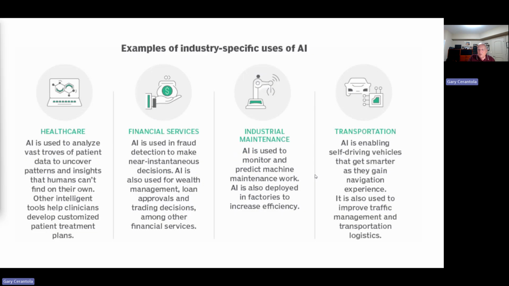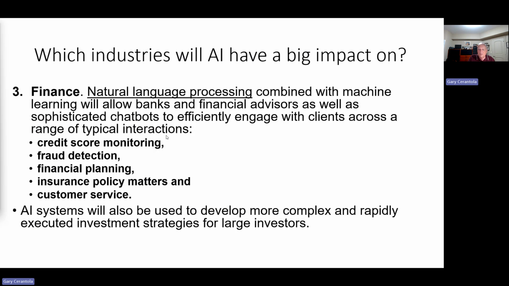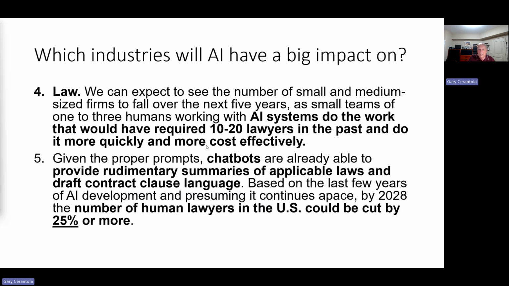So read this through, and now you can see examples of specific uses of AI, where they really come to the forefront in terms of healthcare and financial services, industrial maintenance and transportation. Those are some of the key areas, and AI will have a big impact on that. So you can really read these slides and find out how best you could answer participation activity 13.A.